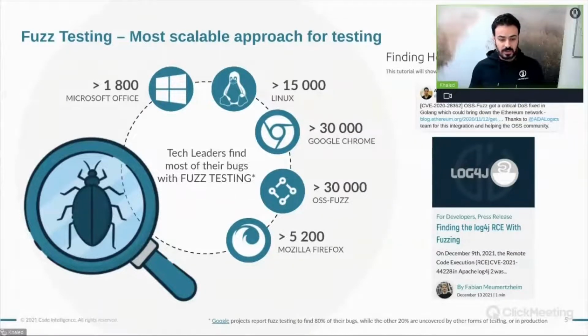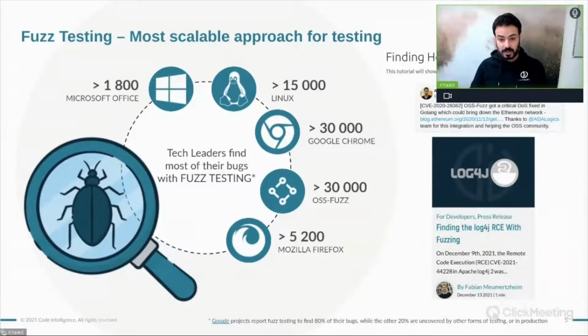And so, as we've seen both in academia and industry, fuzzing is currently the most effective method to find bugs. From the academic point of view, we see an exponential growth of research published at top conferences that work on fuzzing, and also in the industry.